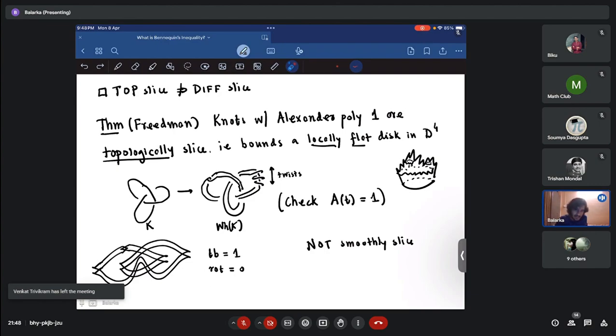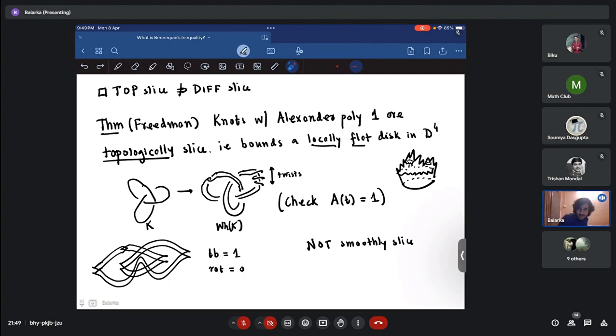And how I imagine a locally flat disk is you have this knot here, and then this disk is maybe some graph of some crazy function. And there's no way you can smooth it. Right? No way you can change coordinates so it looks like a smooth graph. So that's my cartoon of a locally flat disk. In reality, they're much more complicated.